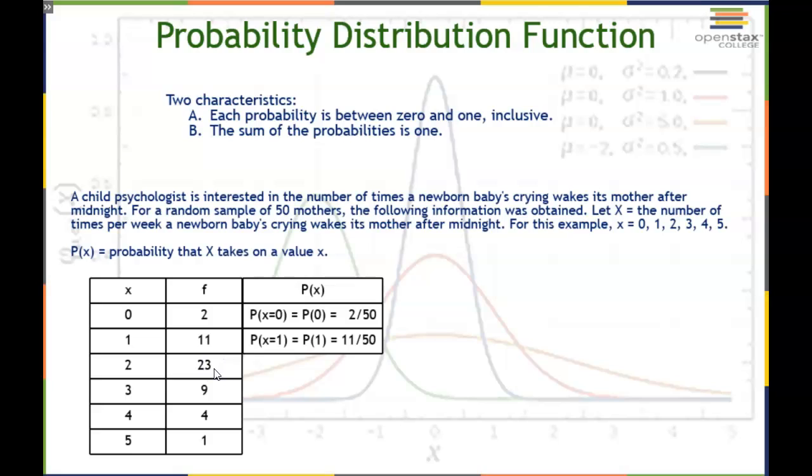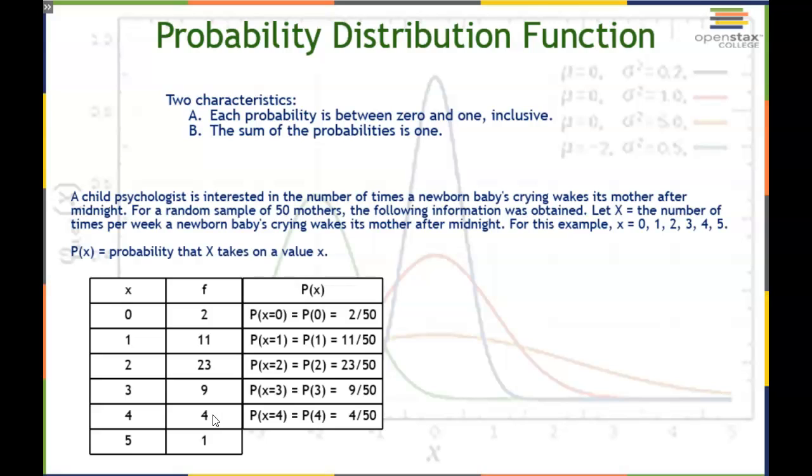23 moms experience their baby waking up 2 times per week after midnight, and therefore the probability of 2 is 23/50. 9 moms experience their baby waking up 3 times after midnight per week, and therefore the probability of 3 is 9/50. 4 moms experience their baby waking up 4 times per week after midnight, and therefore the probability of x equal 4, or probability of 4, is 4/50.